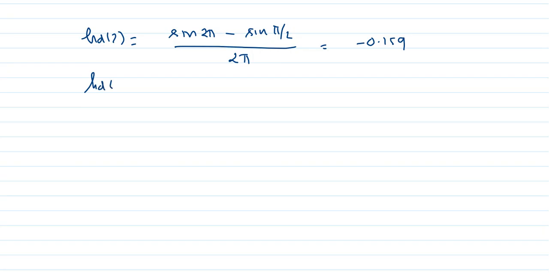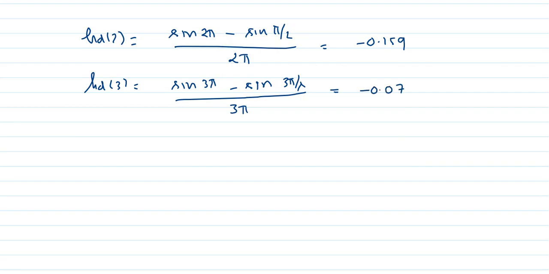Similarly, HD of 3 is equal to sine 3 pi minus sine 3 pi by 4 whole divided by 3 pi. So it is 0.078. HD of 4, it is equal to sine 4 pi minus sine pi.